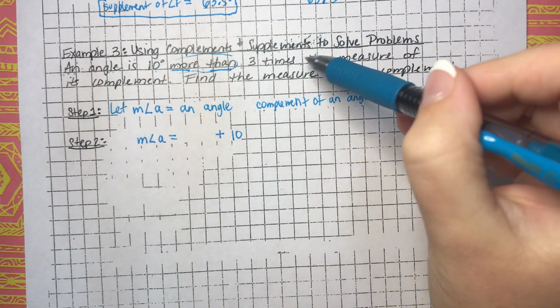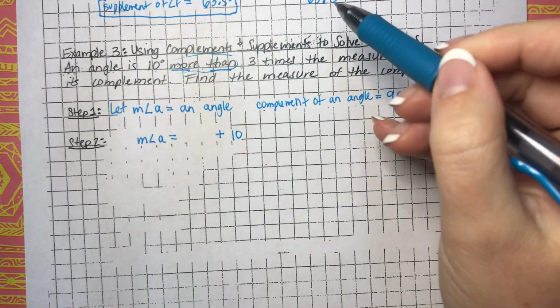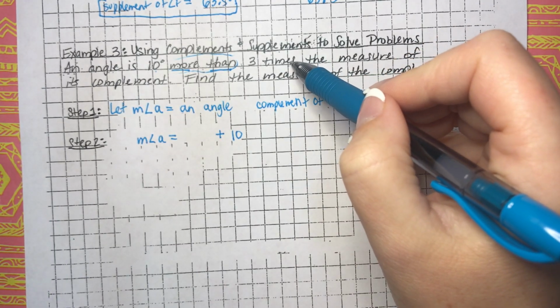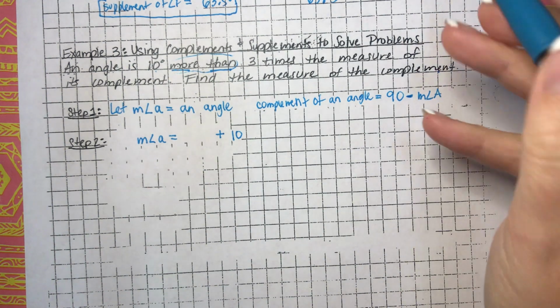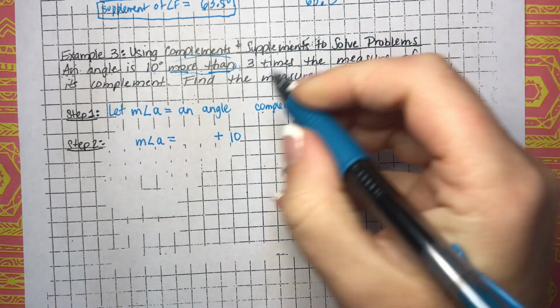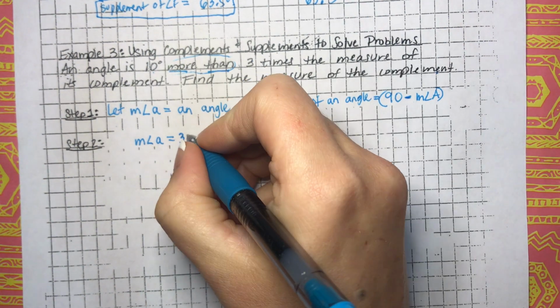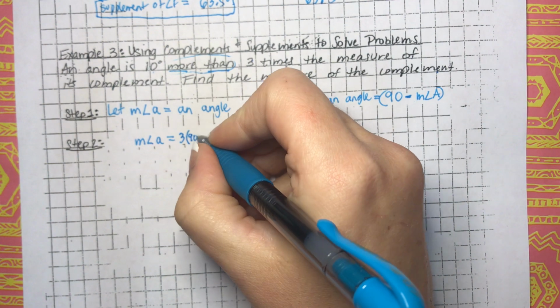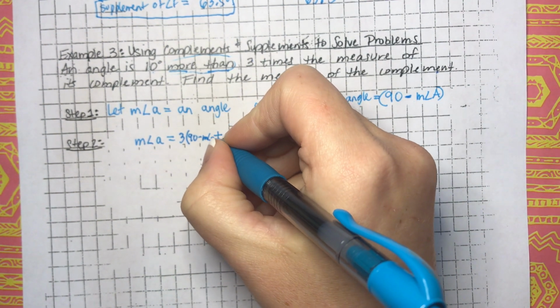And then we have 3 times the measure of its complement. So 3 times, that means 3 multiplication, the measure of its complement, which is 90 minus the measure of angle A.